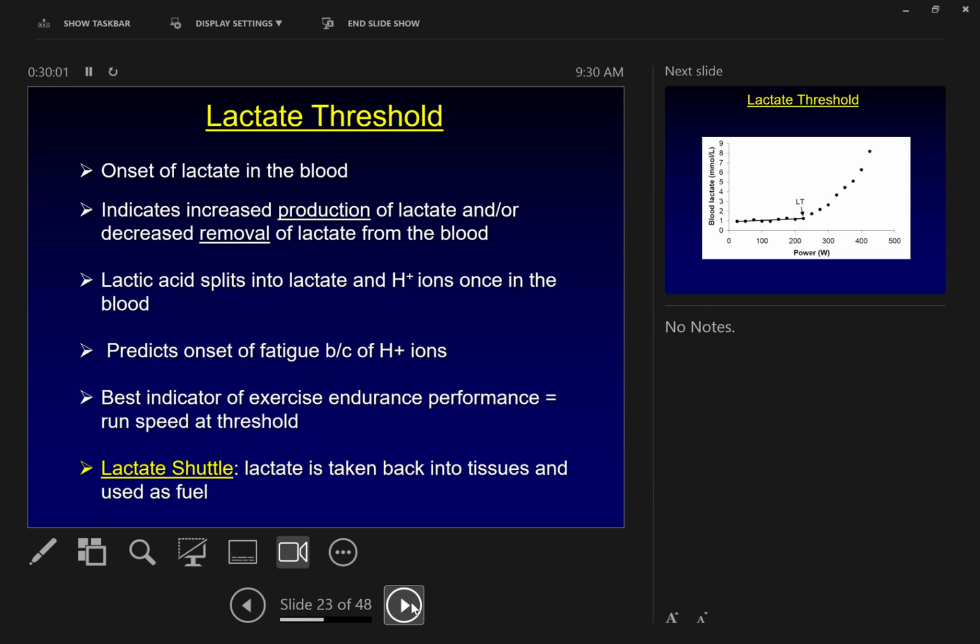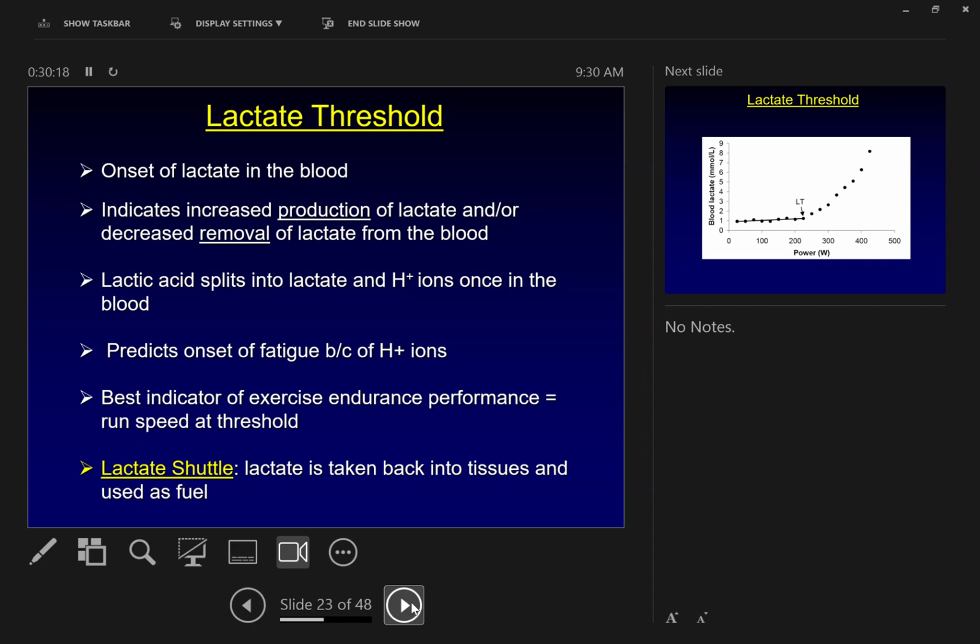So lactate threshold represents an exercise intensity at which the amount of lactate in your blood begins to exceed what that amount is at rest.